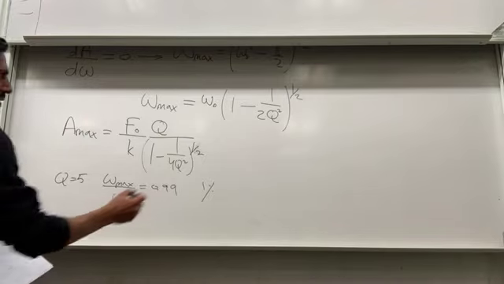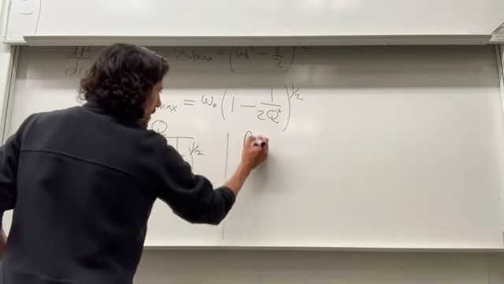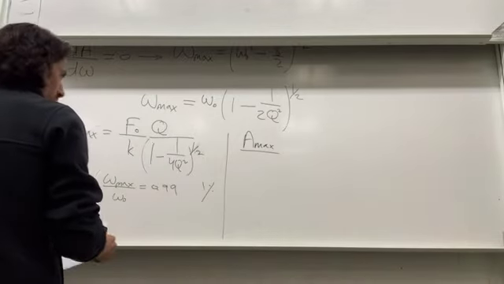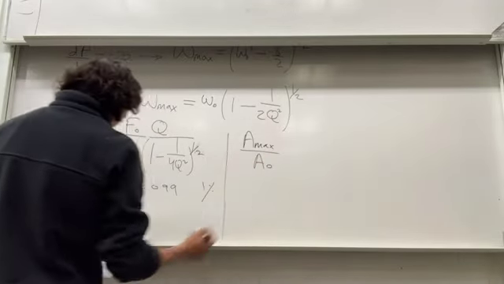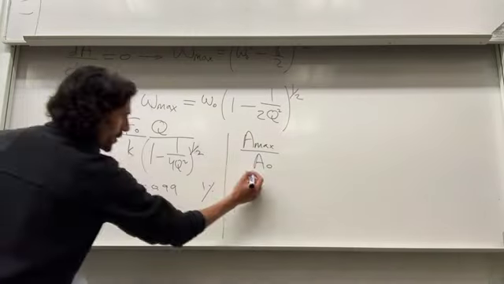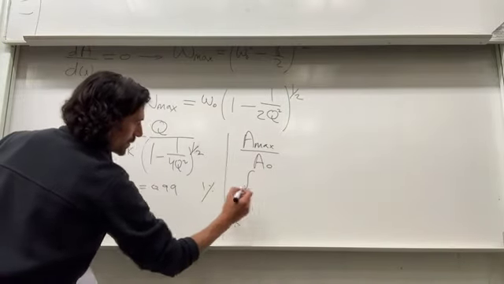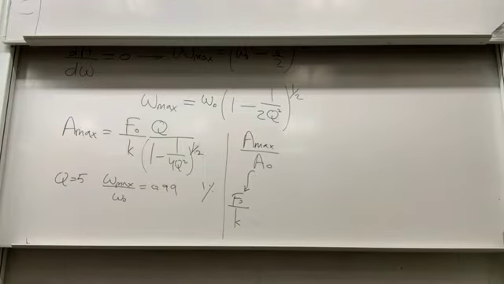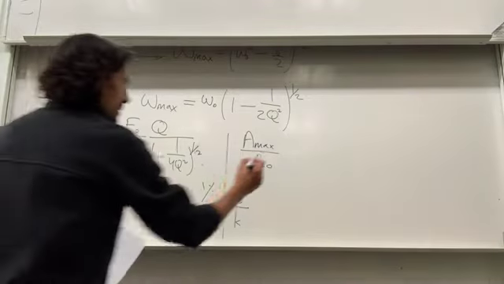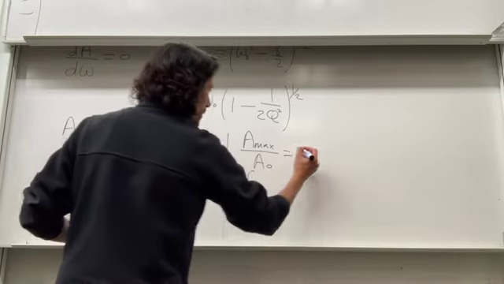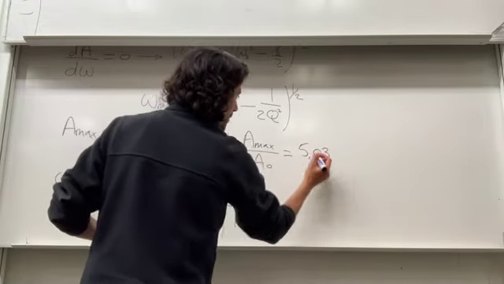And in this case, you can also look at A max over A0. By A0 here, I mean F0 over K. Right? In this case, we will have a factor of 5.30.